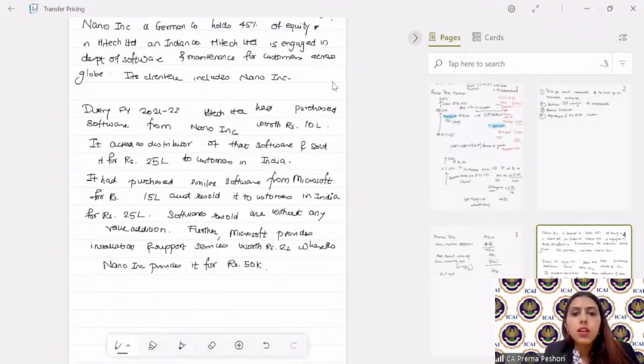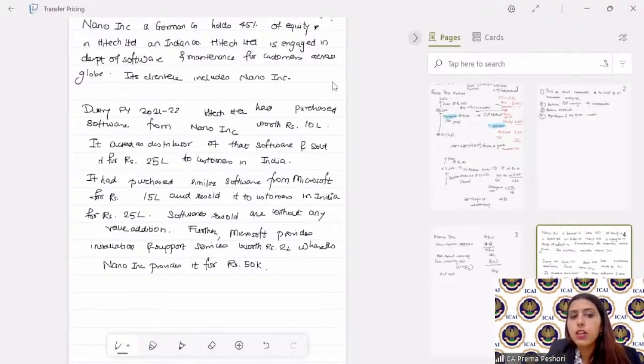First and foremost, we will be identifying the gross profit margin of the comparable. What is the sale price of the comparable? 25 lakhs, right? And the purchase price is 15 lakhs. 25 lakh minus 15 lakh. Additionally, there are also the installation and support services which Microsoft is providing, but the GP margin is based on my sale and purchase only, right?